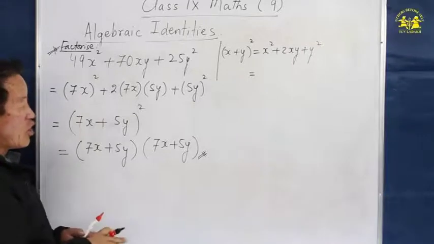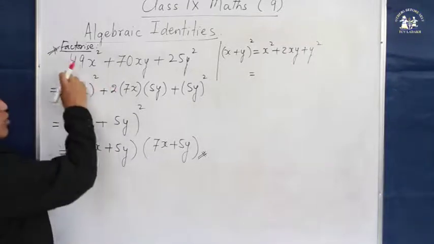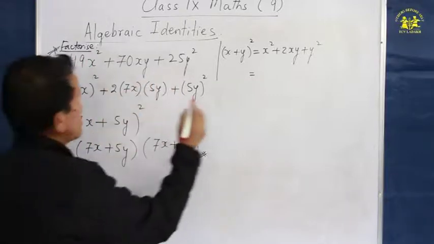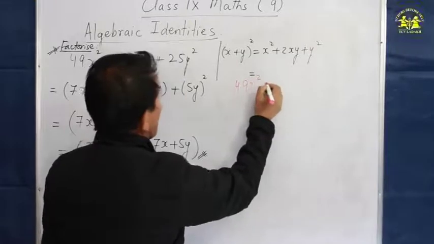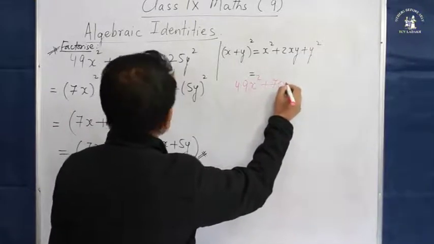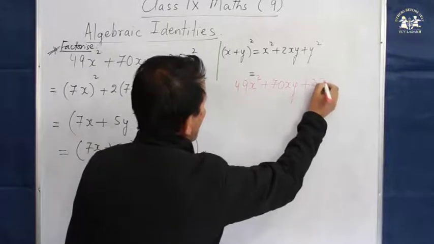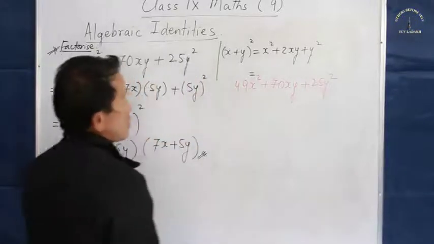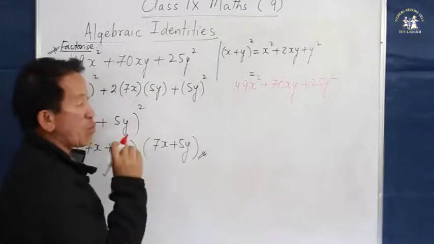Now let's use the special method for 49x square plus 70xy plus 25y square. Here you find two different variables.